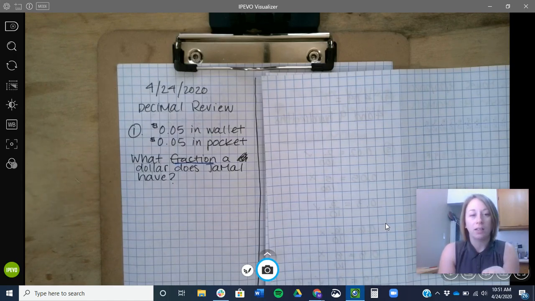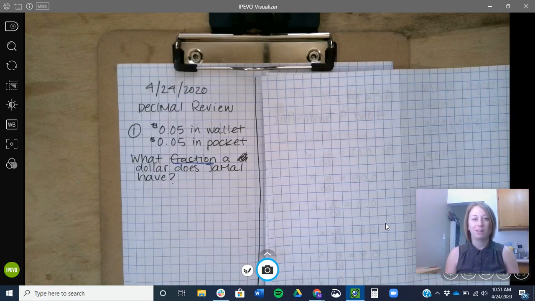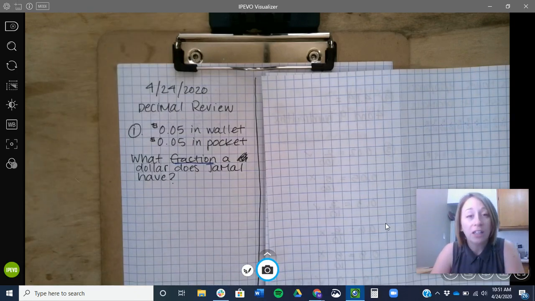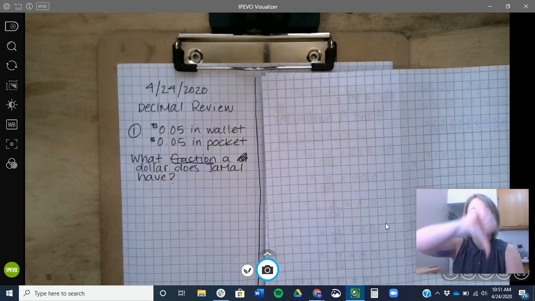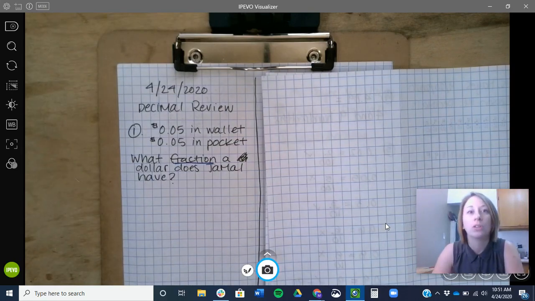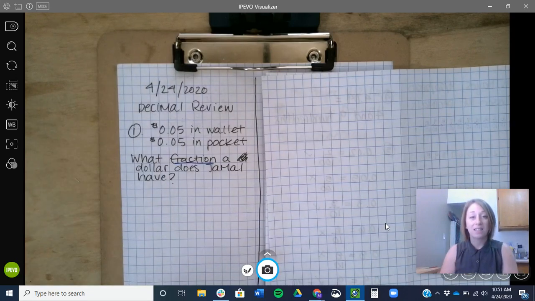But when you take a look at the amount of money that's in Jamal's wallet and Jamal's pocket, does he have more than $1? You're right. He has less than $1. So since he has less than $1, our fraction is going to represent the value that is less than 1 whole dollar. That's right, less than 1 whole dollar.